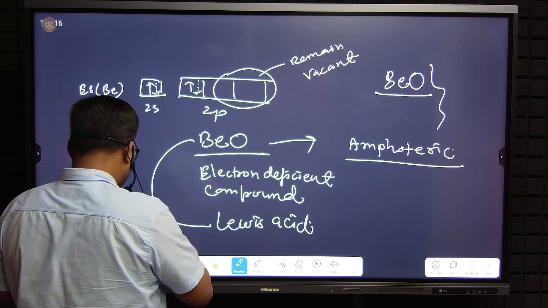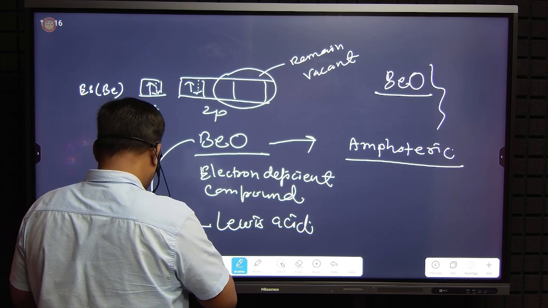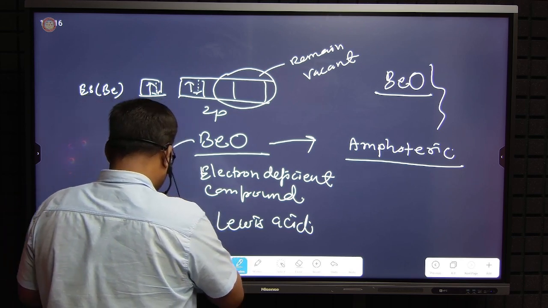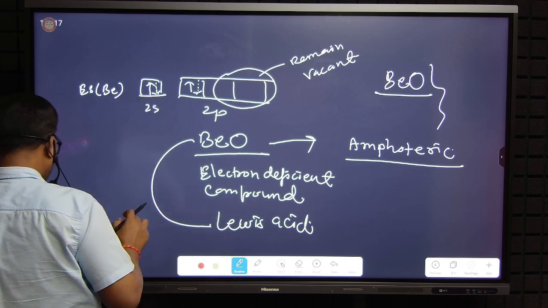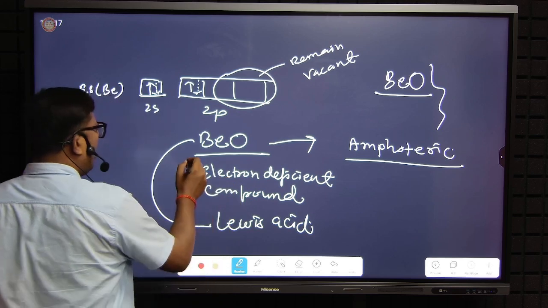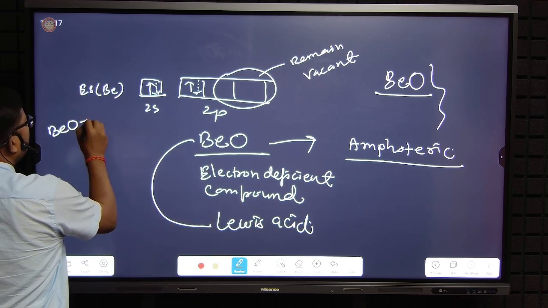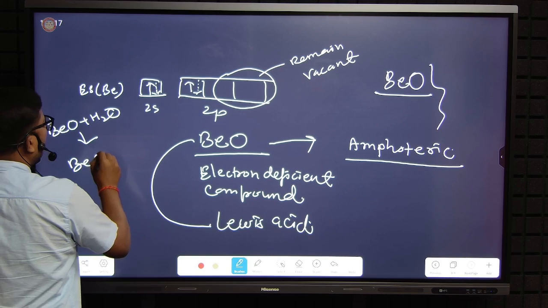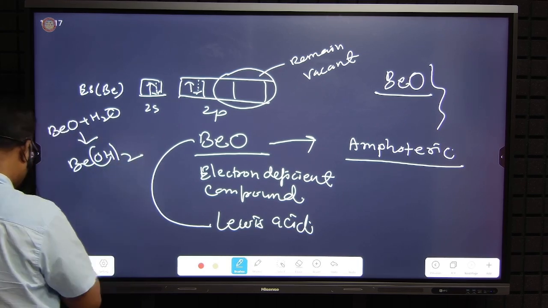Once beryllium oxide reacts with H2O, it forms beryllium hydroxide, Be(OH)2.